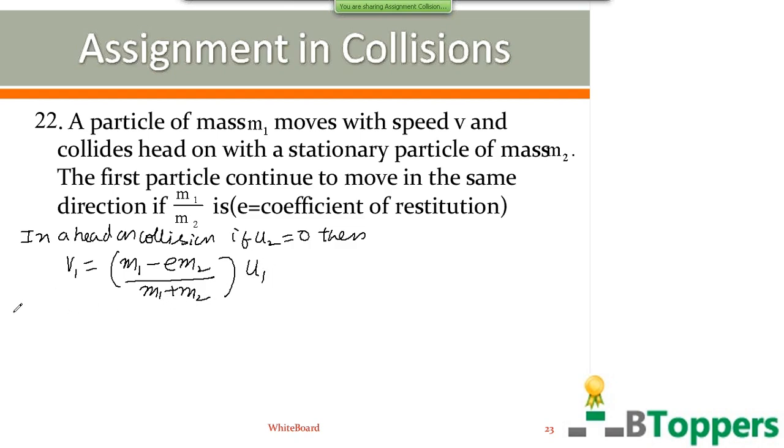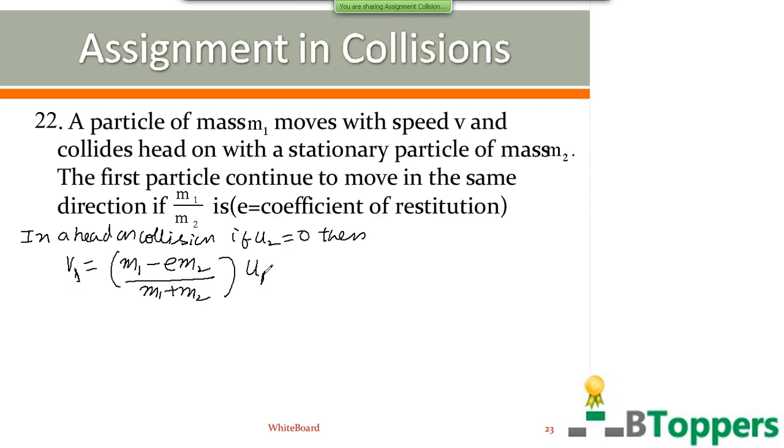So m1 continues to move in the same direction if m1 minus e m2 is positive. If u1 is positive and v1 also comes out positive after calculation, it means that the first mass m1 continues to move in its original direction.